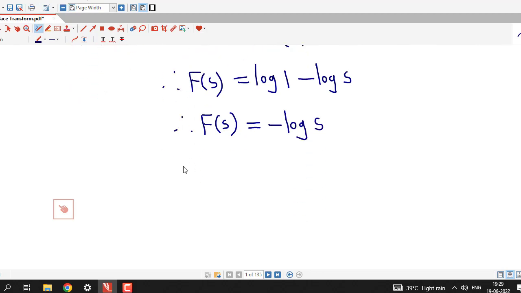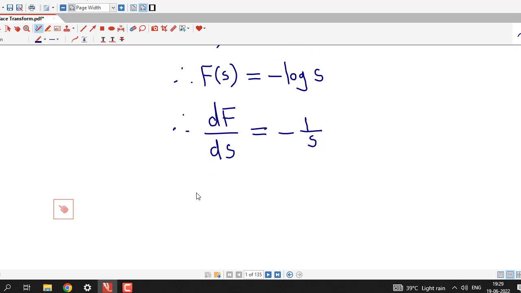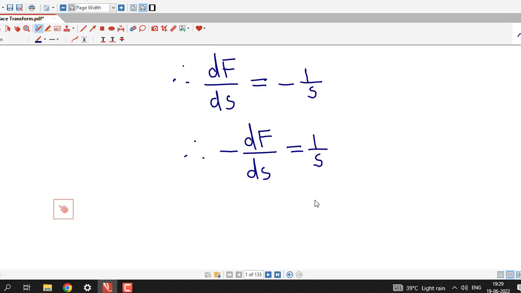Now to use that formula we require the derivative of capital F with respect to s. So we differentiate both sides with respect to s. The derivative of log s is 1 by s. Now we require negative of dF by ds.